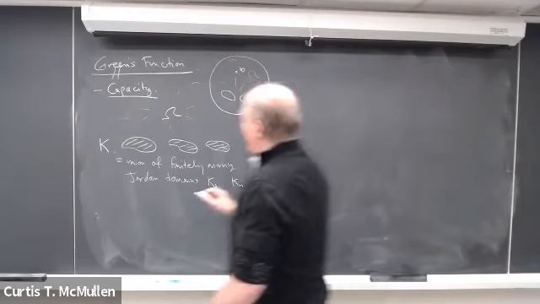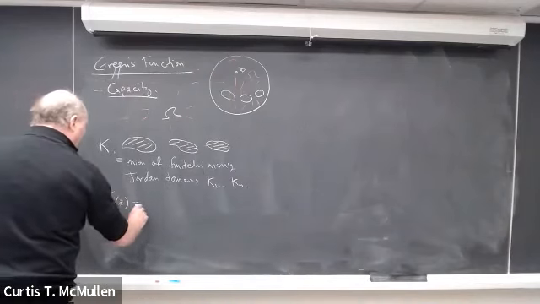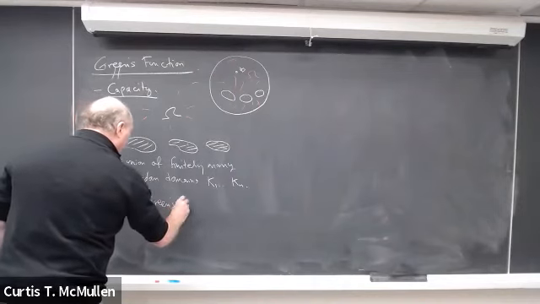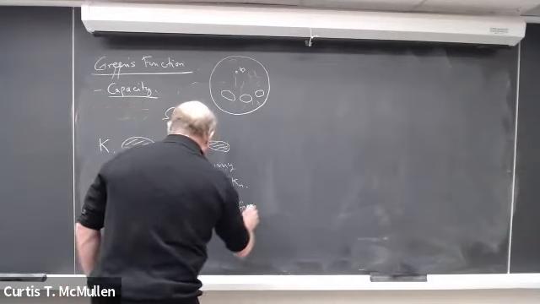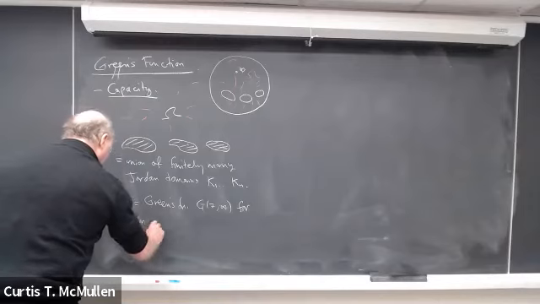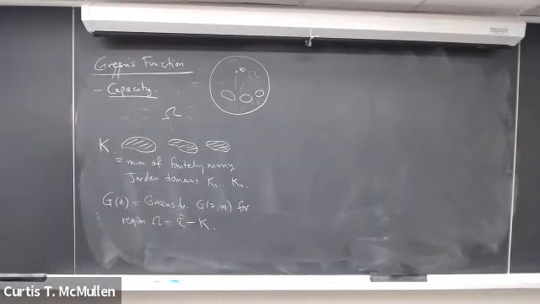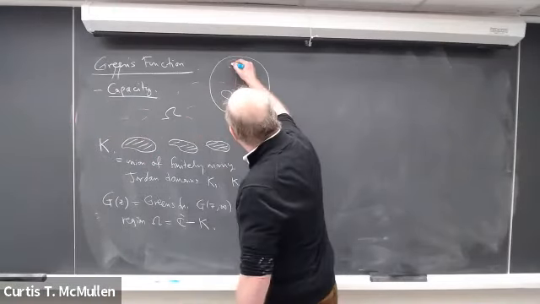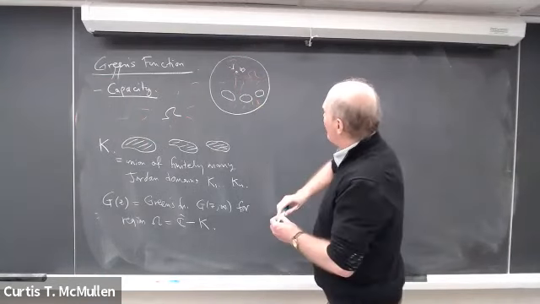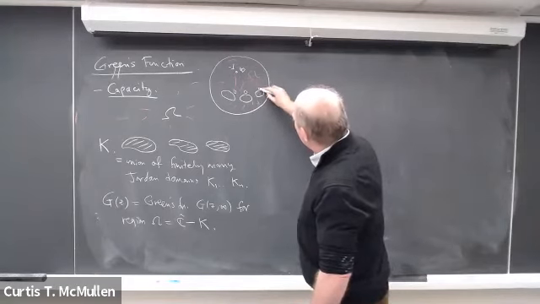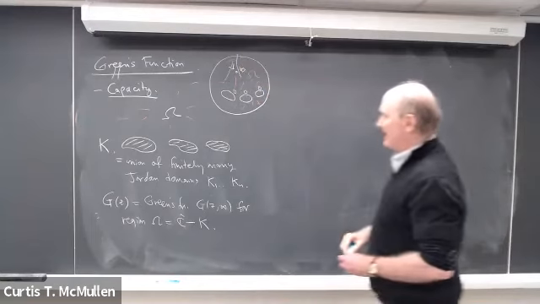And then we define g of z, or g_K of z, I'll just call it g of z, to be the Green's function g of z, infinity for the region omega, which is the Riemann sphere minus this compact set K. So in other words, we put a point charge of mass -1 at infinity, and then we solve for the harmonic function that's 0 on our compact set K and goes to plus infinity at infinity.